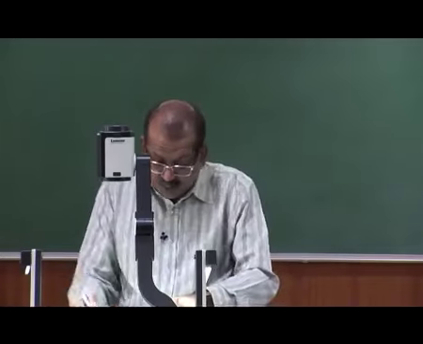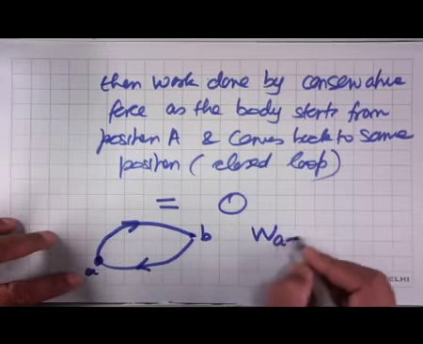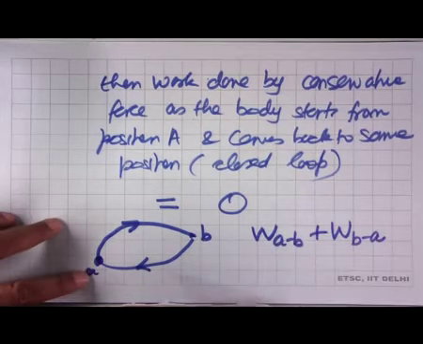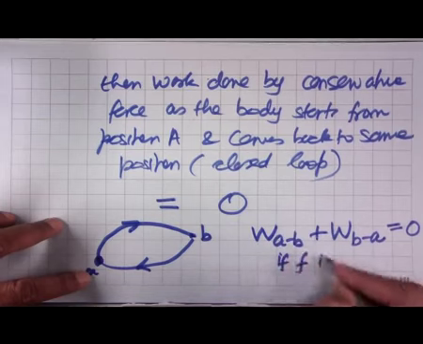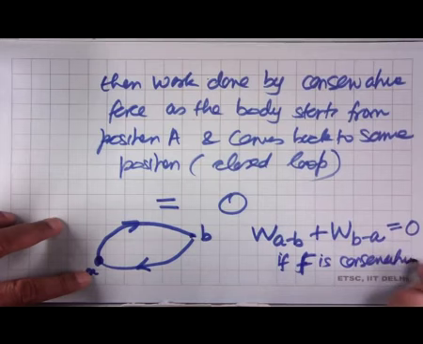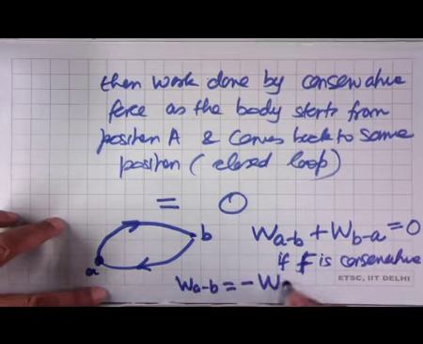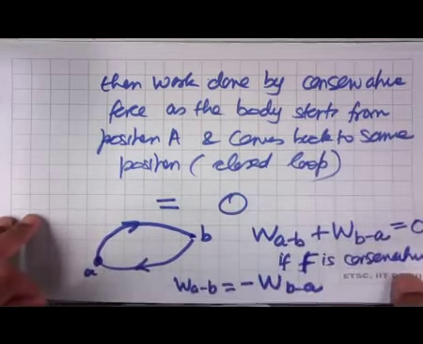So the work done from A to B plus the work done from B to A is equal to 0 if F is conservative, and what this tells you is that the work done from A to B is equal to minus the work done from B to A for a conservative force.